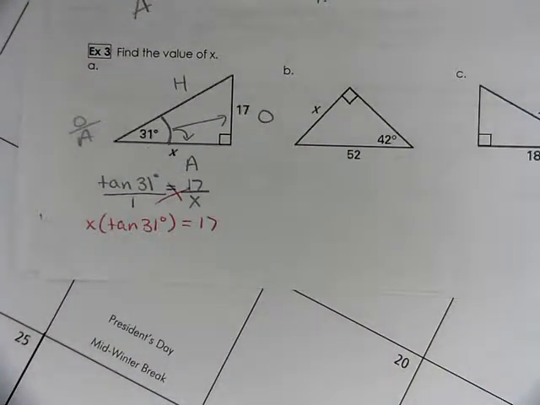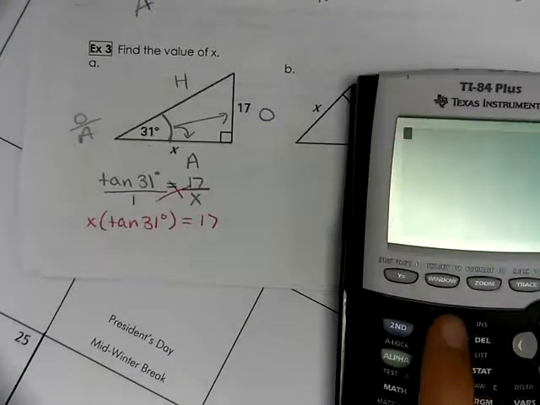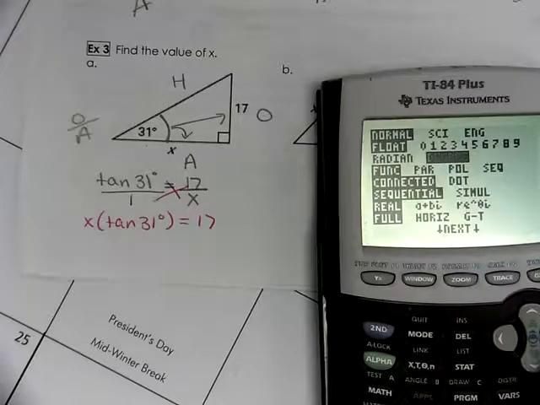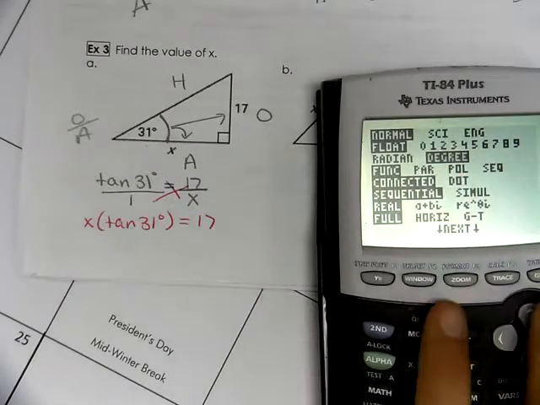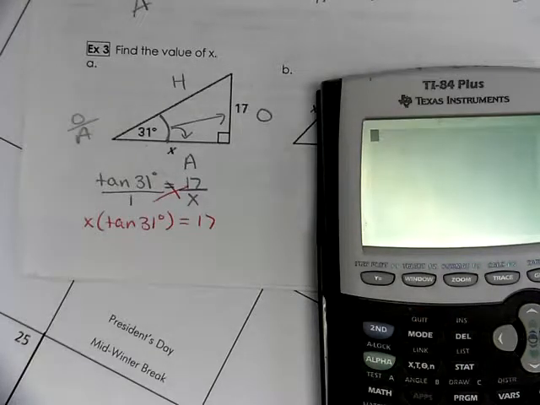The tan of 31 degrees is a number. In your calculator, again, you want to make sure you're in degree mode. Those of you who came in late, you want to hit mode and then make sure you're in degree. If you have a scientific calculator, it should already be in degree mode. So you hit mode, degree, and then hit second mode to get out of it.